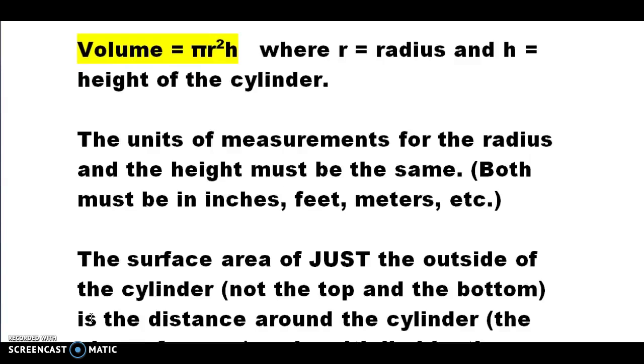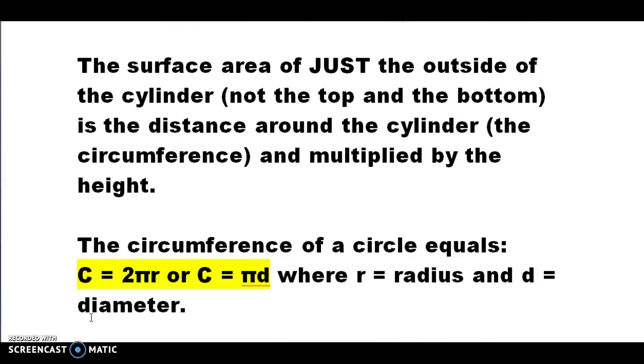The surface area of the outside of the cylinder, just the outside, not the top and not the bottom, is going to be the distance around the cylinder, which is also called the circumference, multiplied by the height. So the circumference of a circle is given by the formula 2 pi times the radius, or if we know what the diameter is, it's pi times the diameter. So we can use either one of these formulas because the diameter is 2 times the radius.